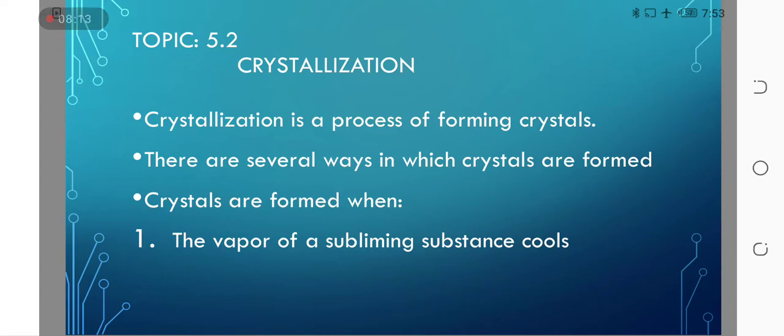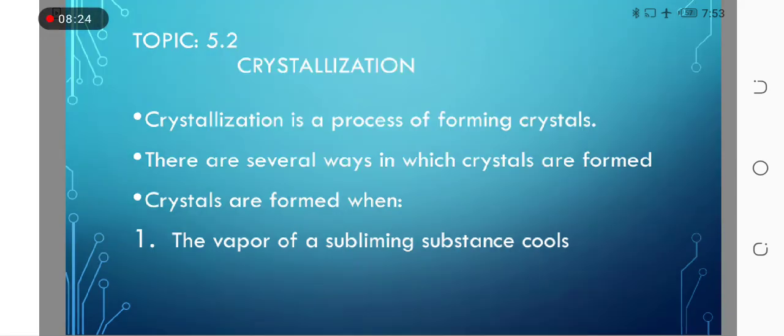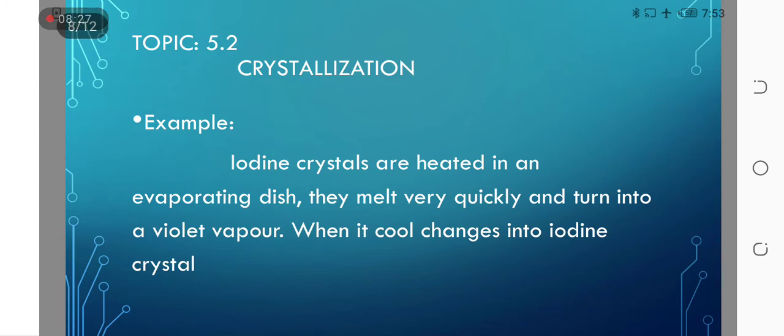So the first method by which we can form crystals is when the vapor of a subliming substance cools. Basically, when the vapors of a substance that sublimes cool, it will appear as a solid crystal. For example, if we take some iodine crystals and heat them in an evaporating dish, they start to melt very quickly and turn into violet vapors.